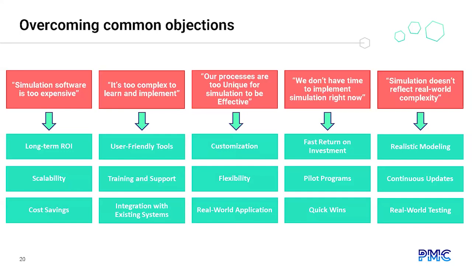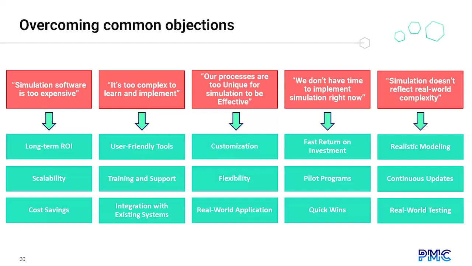So we have realistic modeling, and the simulations are based on real data. So I can say that many simulation tools come with the ability to validate the results against real world outcomes. So you can test your simulations in parallel with some physical trials to see how close the results are.